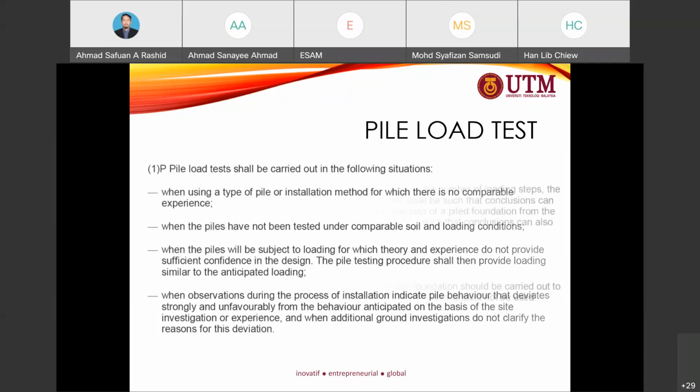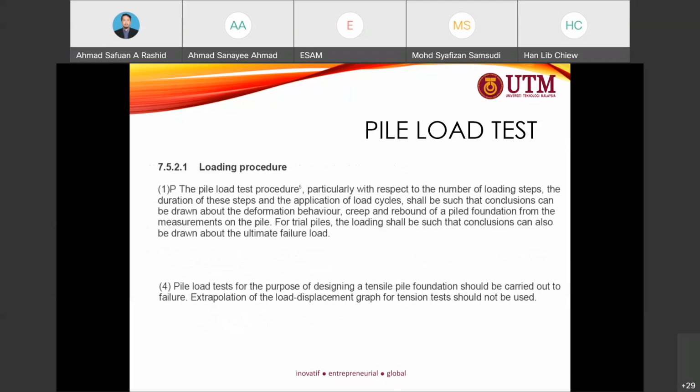Okay. So for the loading procedure, the pilot test procedure, particularly with respect to the number of loading steps, the duration of this step, and the application of loading cycle, shall be such that conclusions can be drawn about the deformation behavior, creep, and rebound of the pile foundation from the measurement of the pile.